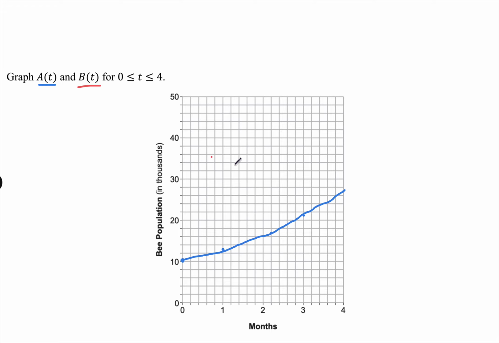B of t, we started a lot lower at 6,000, so 246. And like I said, the growth rate is faster, so we're going to catch up a lot quicker. After 1 month, I'm at 9,409, so we're going to get close to 10.